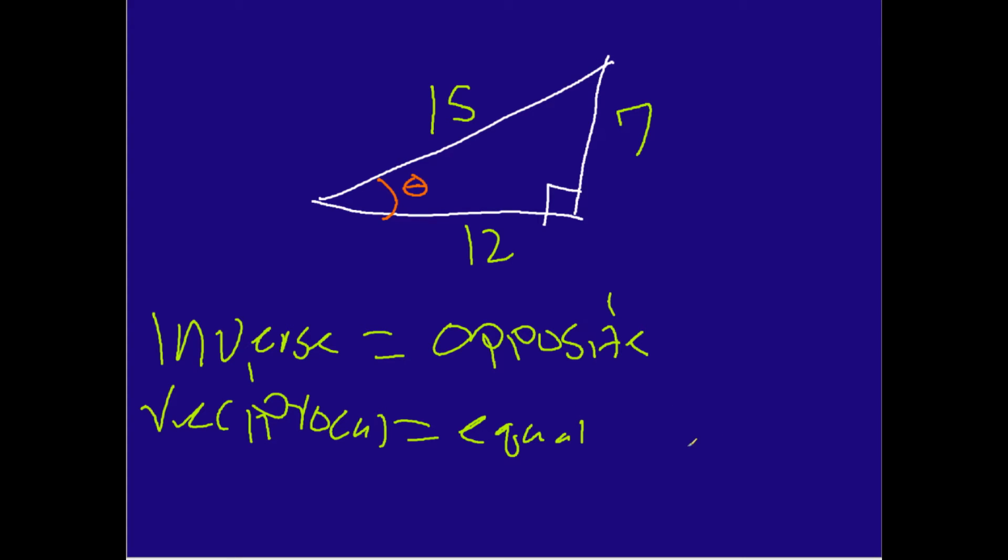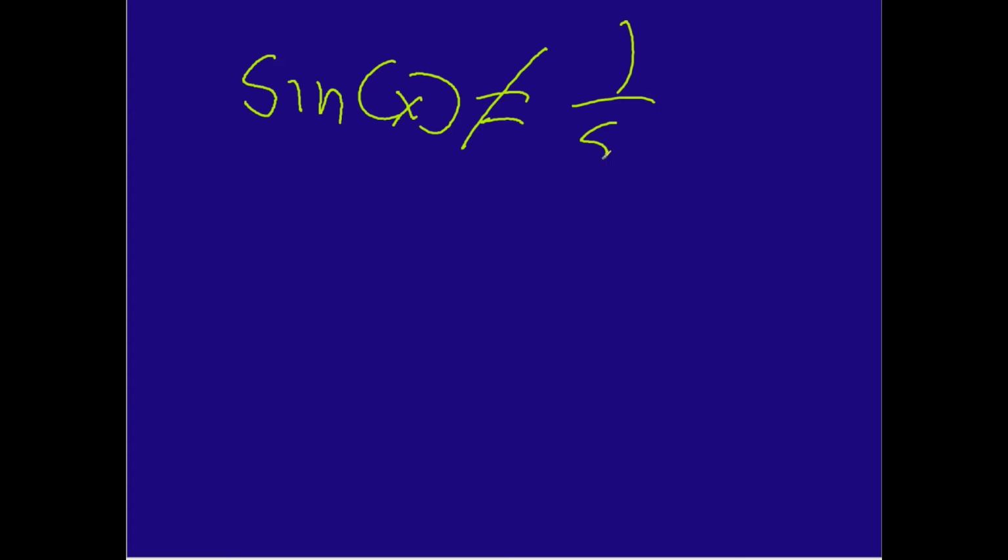Now, you guys know about the different properties, or how the sine function works. So, if I have sine of x, the inverse is not 1 over sine x. This is the reciprocal. This is incorrect.